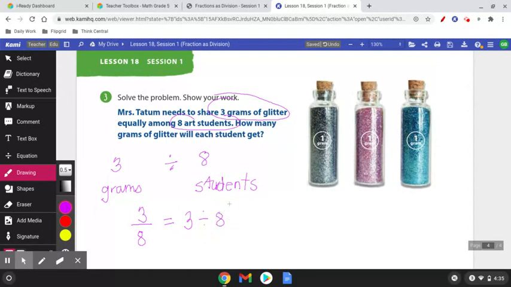We can show that even with a picture. So if I did a picture here, if I have just those 3, which you have the pictures up there, you can even use those. And I divide that into 8 parts, each one into 8 parts.